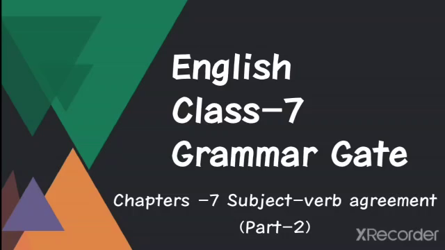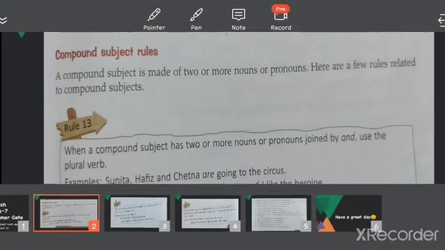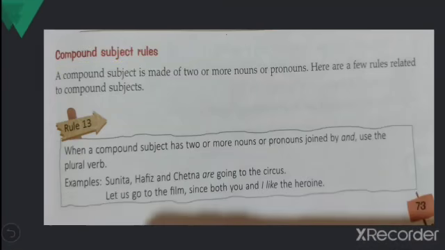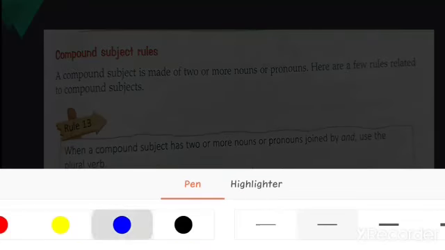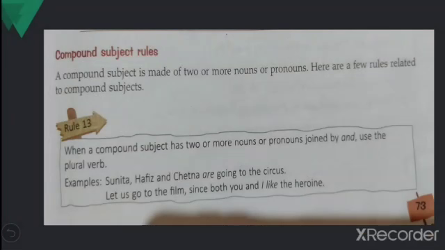So students, we have seen all these 12 rules in the previous video. Today we'll see some more rules related to subject verb agreement. Now look here, compound subject rules.